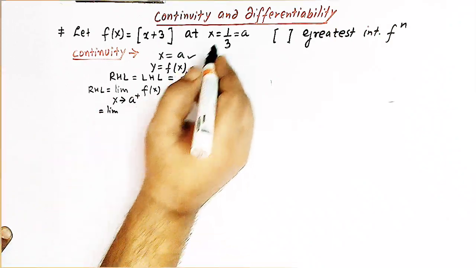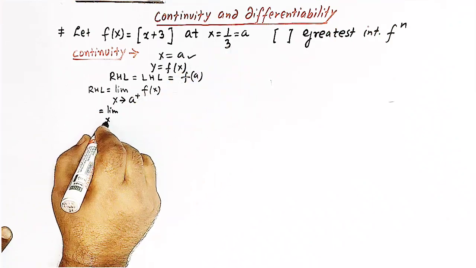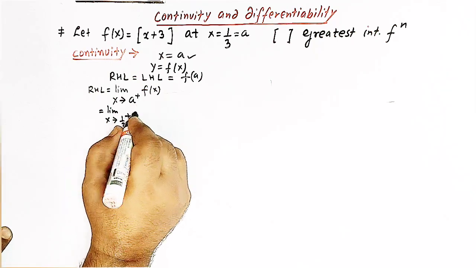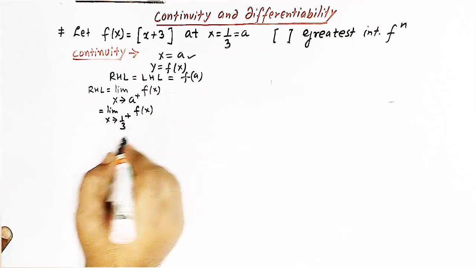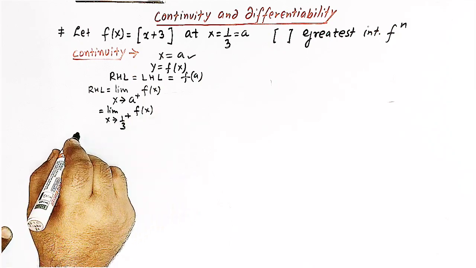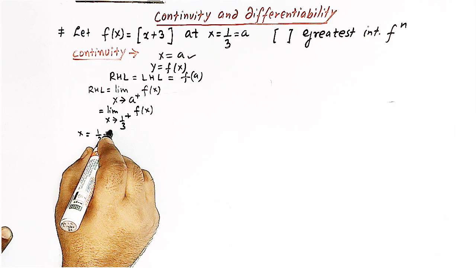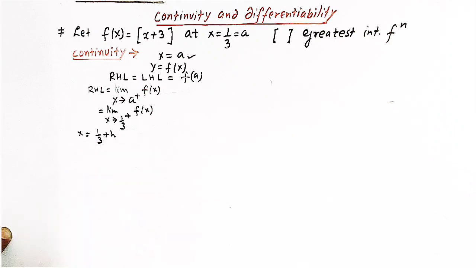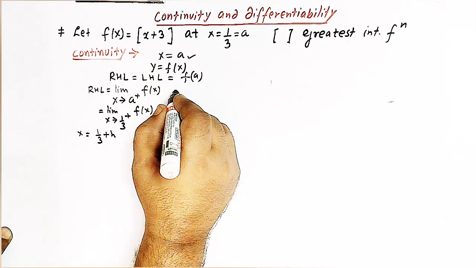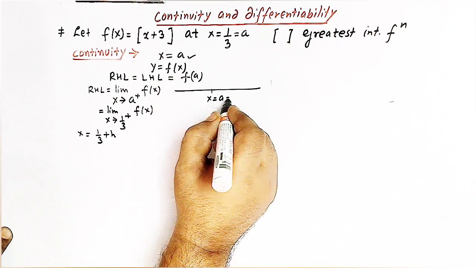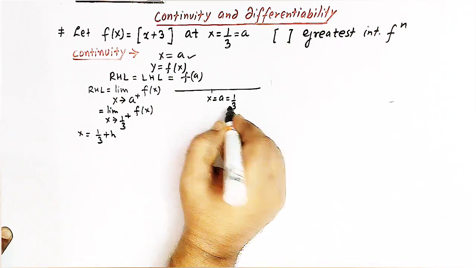So a is 1/3, so we have limit x tends to 1/3 positive of f(x). Let us take x = 1/3 + h, where h is infinitesimally small.